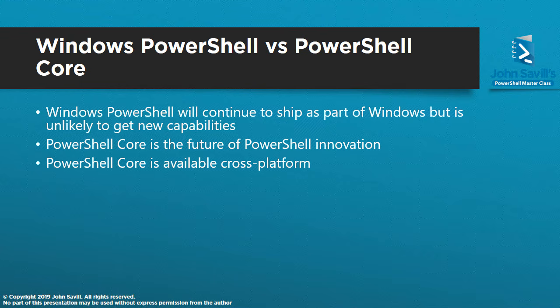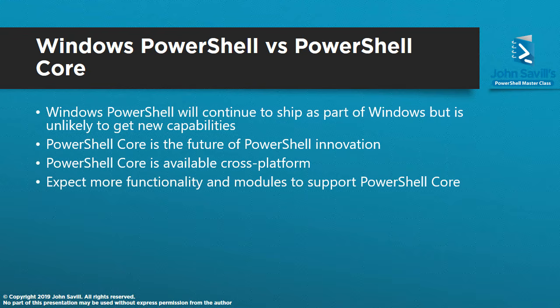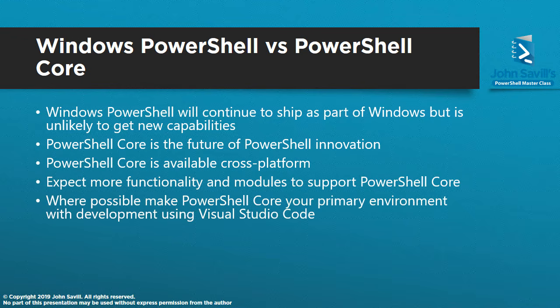PowerShell Core is available cross-platform along with VS Code, along with Git. So I'm really going to expect far more functionality and modules to support PowerShell Core in the future. So if it were me, and this is the change I've recently made, where possible, make PowerShell Core your primary environment. I'm going to develop in that using Visual Studio Code.